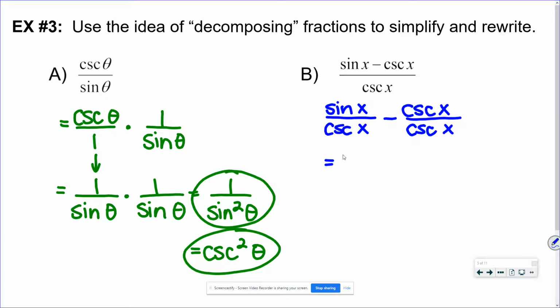So this sine over cosecant, I'm going to decompose that and make it sine over 1 times 1 over cosecant, because I want to simplify this. So I'm going to try to figure out a way to do that over here. And then over here, I don't need to decompose because cosecant over cosecant, meaning same thing on top, same thing on bottom, would just be 1. Okay.